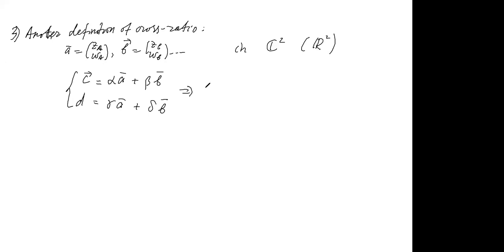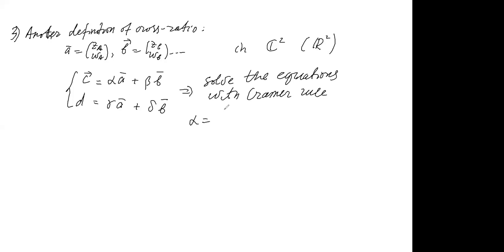Then you can solve the corresponding equations using the Cramer rule, in the usual way. And you see that, say, alpha is equal to the ratio of the following determinants, Z, C, W, B minus Z, B, W, C divided by ZA WB minus ZB WA, and so on.